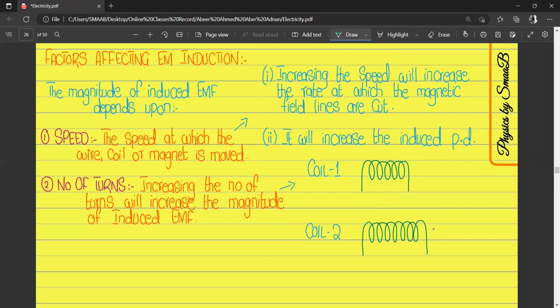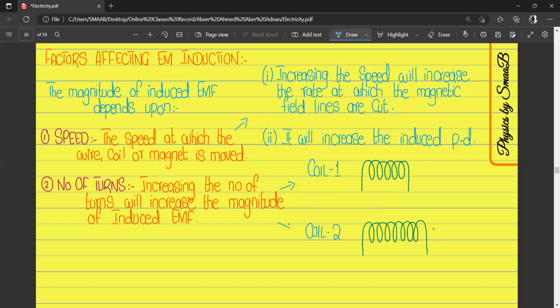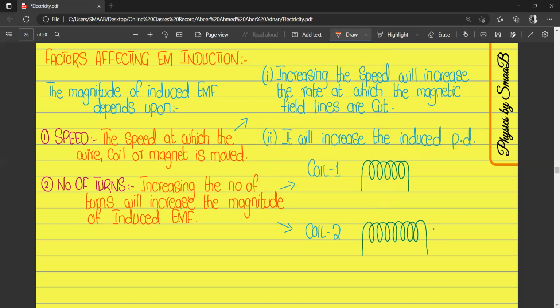So in coil 2 there will be greater number of loops as compared to coil 1. So whenever you try to move the magnet through coil 1 or through coil 2, the second coil will produce the highest magnitude of induced EMF as compared to coil 1, right?